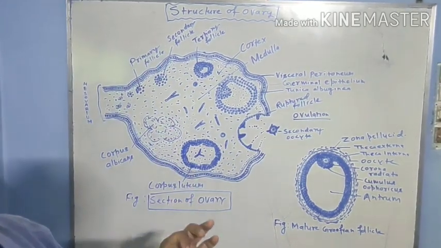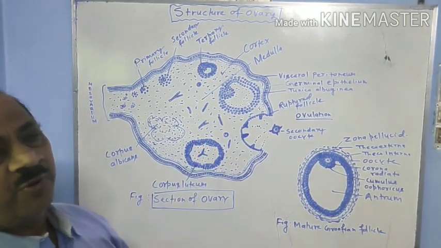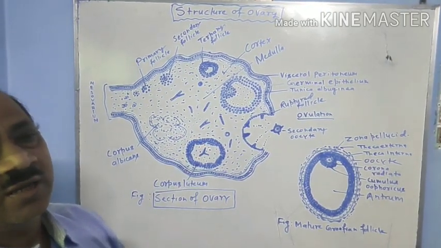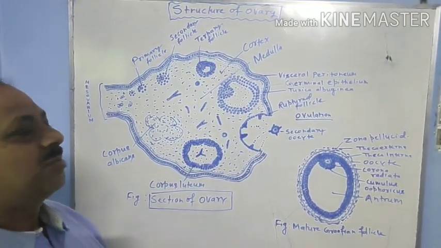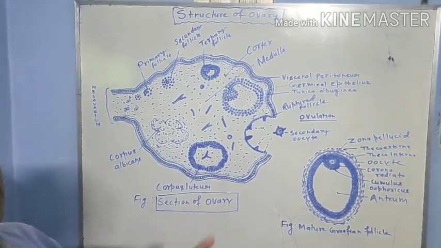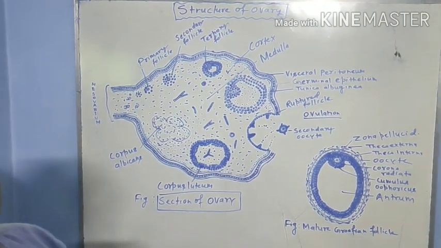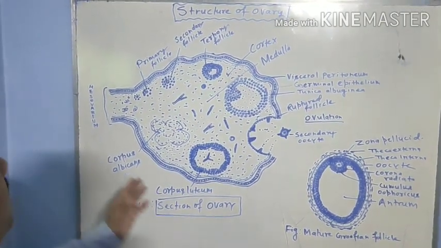Ovary is one pair and they function alternately. It means each ovary functions in alternate months. It produces ovum in alternate months.